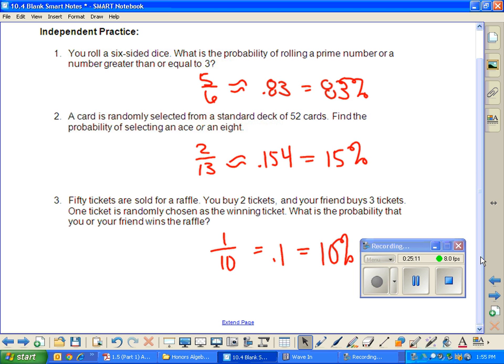And if you have questions, let me know. Once I see that most people have checked their answers, I'll flip to 4 and 5 and put the answers down for those ones.